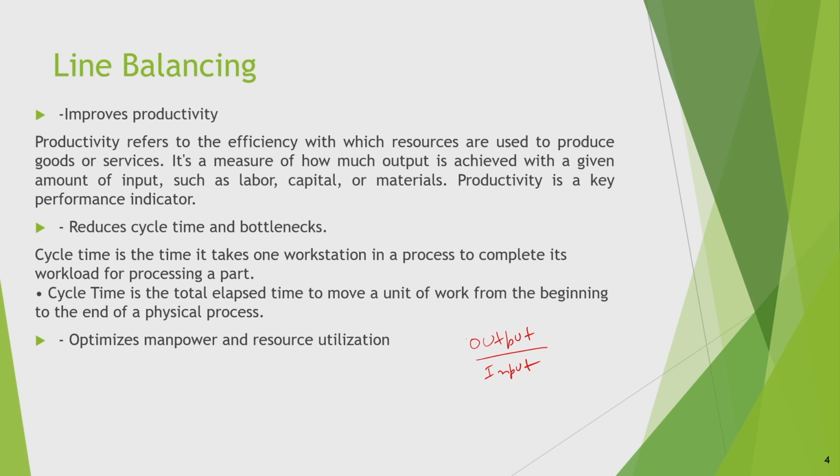Then line balancing reduces cycle time and bottlenecks. What is cycle time? It is the time it takes one workstation in a process to complete its workload for processing a part. Why is it called cycle time? Because we are making many products in a repetitive way, say we are producing cars.